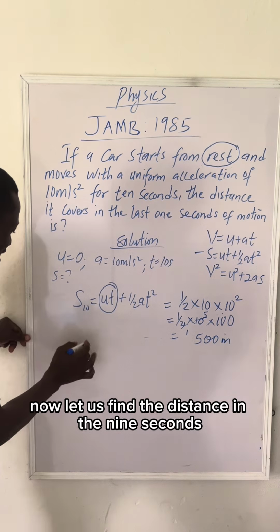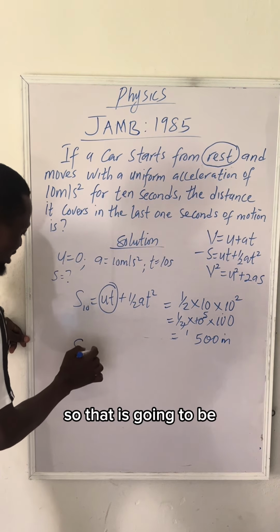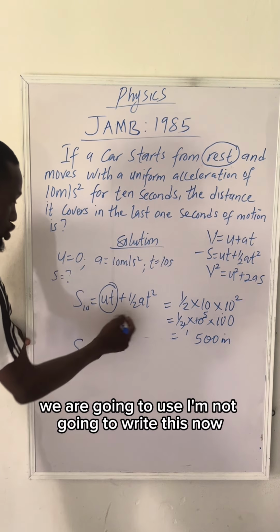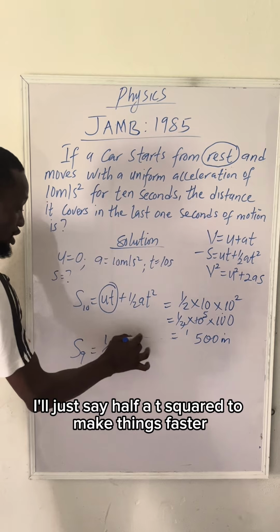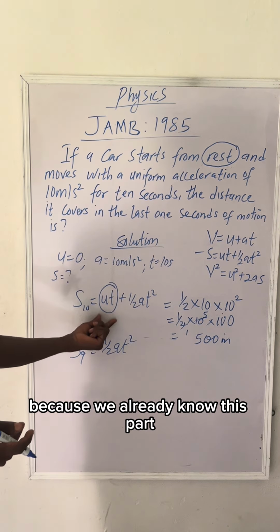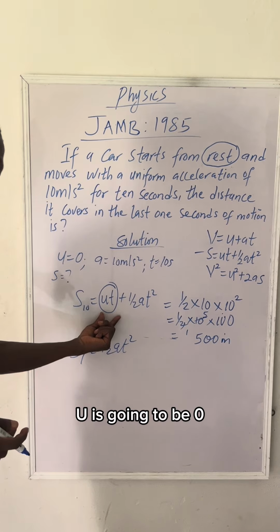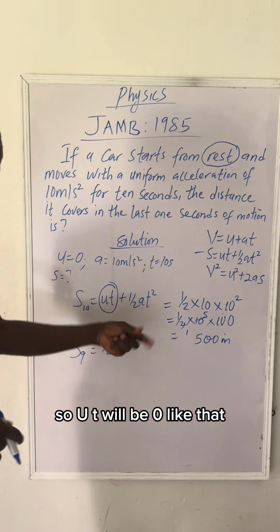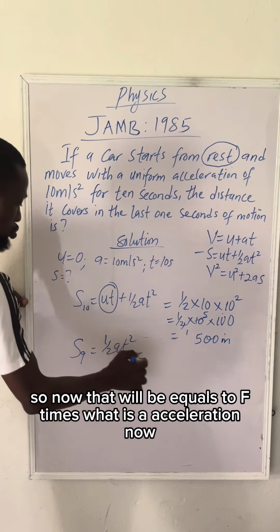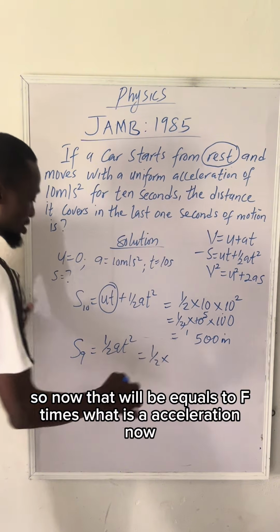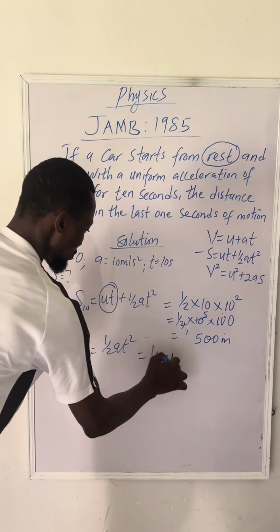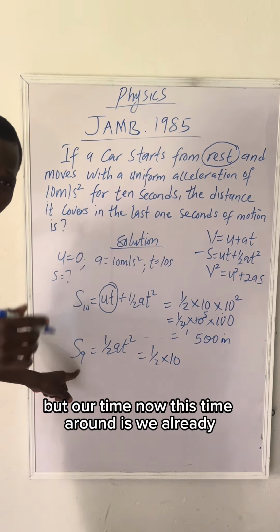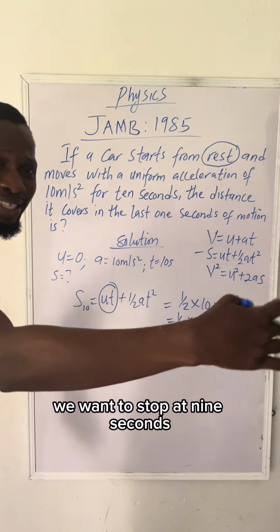Now, let us find the distance in the 9 seconds. I'm not going to write the whole formula; I'll just say half at squared to make things faster because we already know u is going to be 0, so ut will be 0. So that will be equals to half times a, acceleration is still 10, right? But our time this time around is we want to stop at 9 seconds.